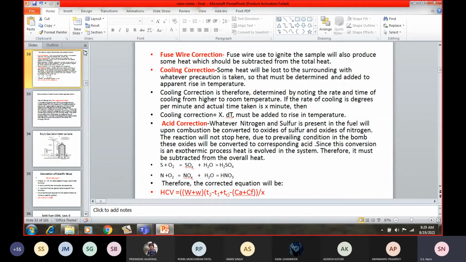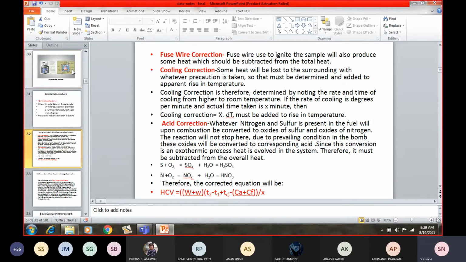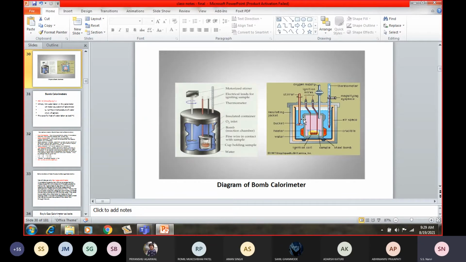In the bomb calorimeter, this entire thing is closed. So high pressure is there, high temperature is there, and the water which is condensed will remain there for a longer time.